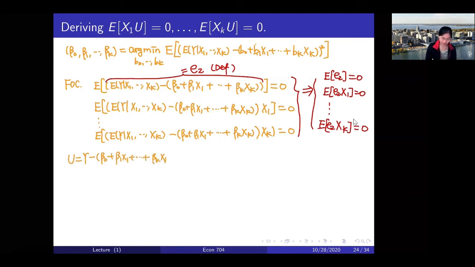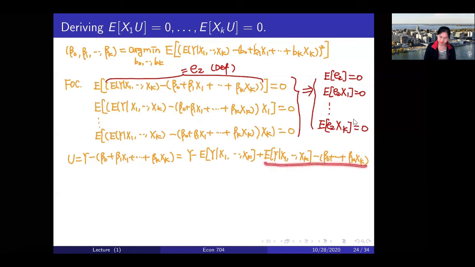For the linear projection model, u equals y minus the projection, which equals y minus the conditional mean of y given x1 to xk, plus the conditional mean of y given x1 to xk minus that linear projection.